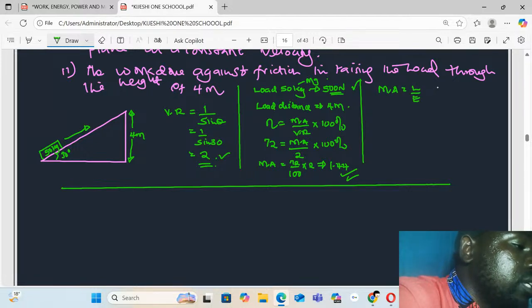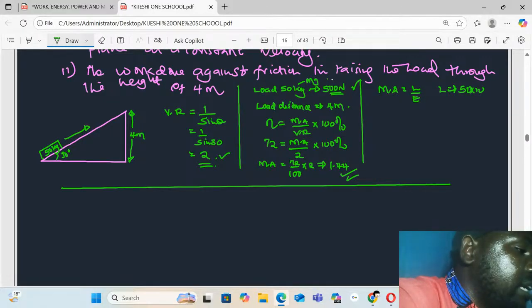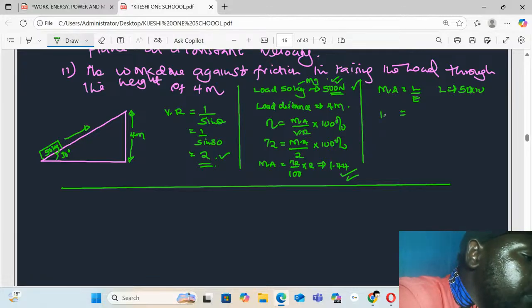Our load in this case is a mass of 50 kg, so 50 times 10 gives 500 newtons, the one that I had previously noted here. So 1.44 is equal to 500 divided by our E, the one that we are being asked.